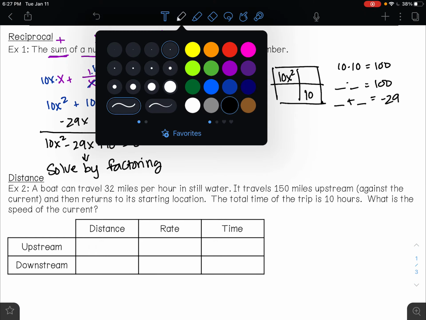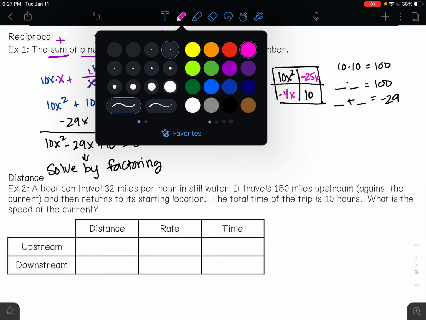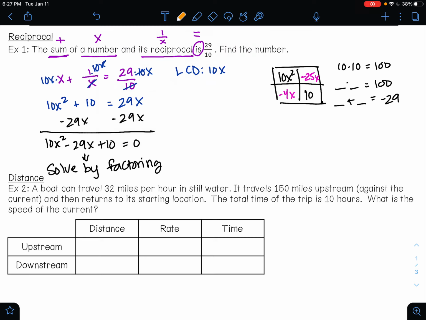Those 2 numbers are going to be negative 25 and negative 4. The greatest common factor of my top row is 5x. The greatest common factor of my bottom row is negative 2. Greatest common factor of the left column is 2x. And the greatest common factor of the right column is negative 5. So my factors are 5x minus 2 and 2x minus 5.